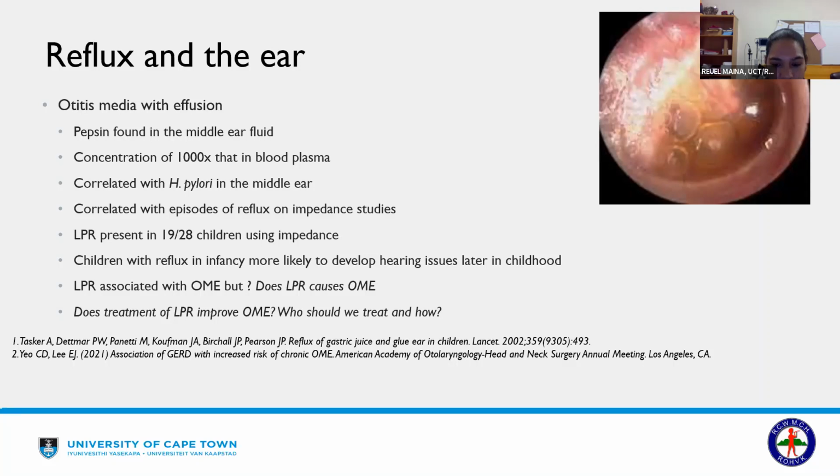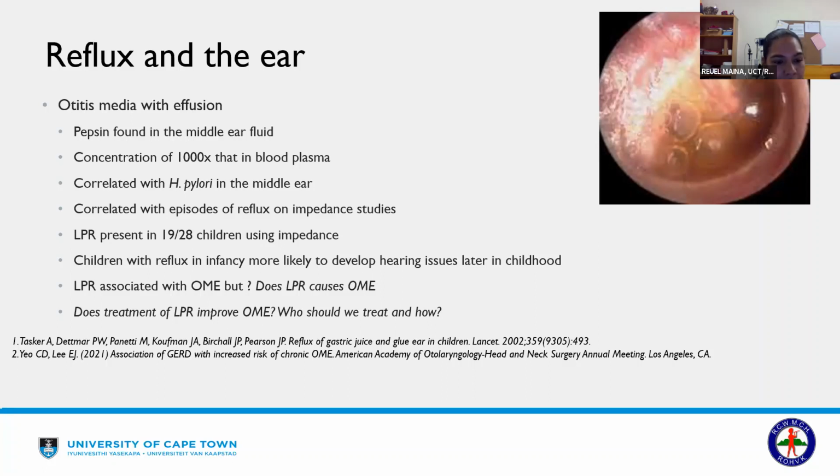This study also showed a correlation between patients with H. pylori infection and middle ear effusions as well. And then patients who have increased episodes of reflux, looking at impedance studies.